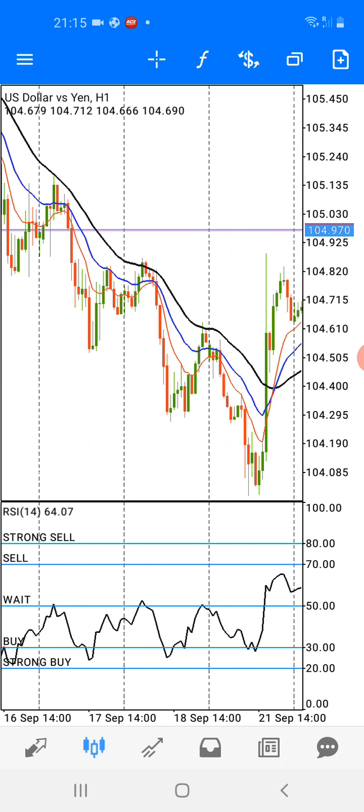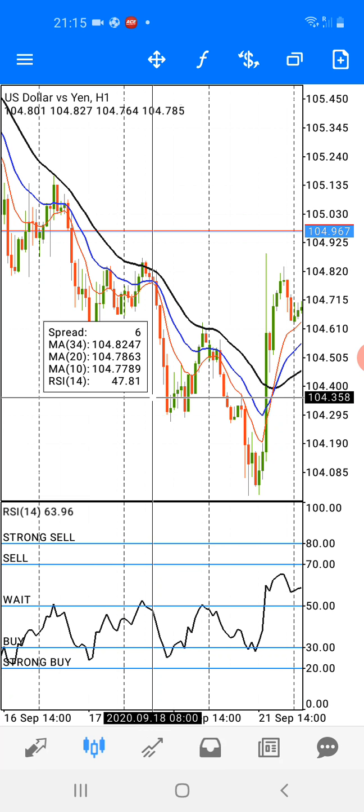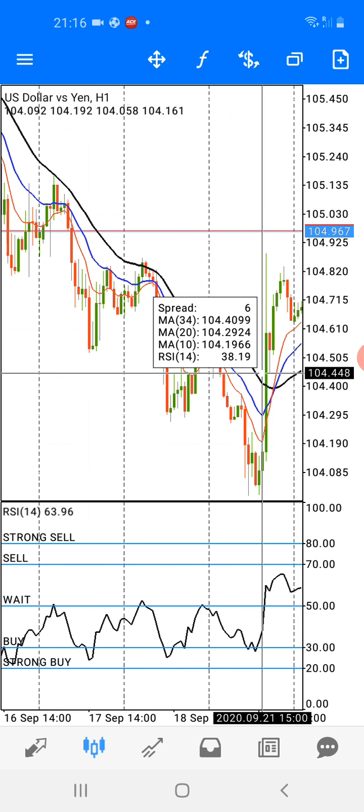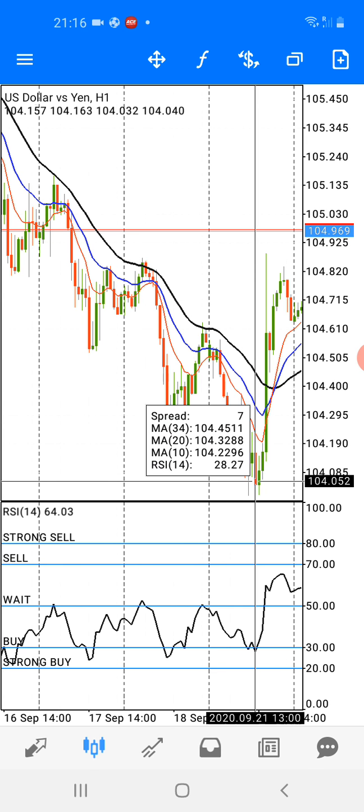But very, very important that you take your profit, because you don't know where the market is about to start reversing to the uptrend, just like you can see in the 6th day.